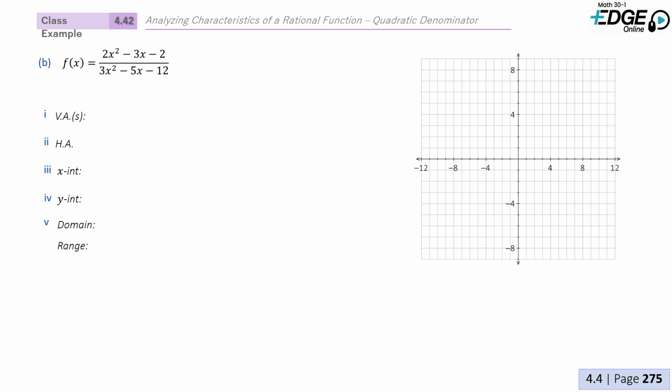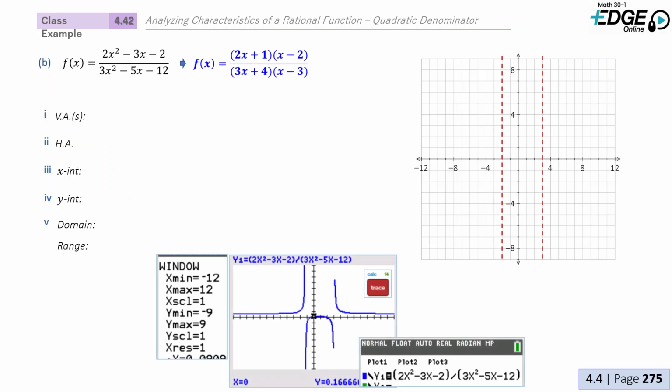So now let's take another look at this. So here's what our factors ended up being. So now let's draw in our vertical asymptotes. And where do we find those? Well, looking at the denominator of both of these.